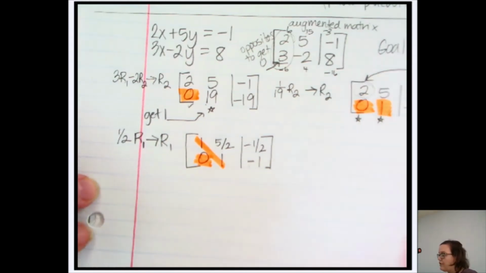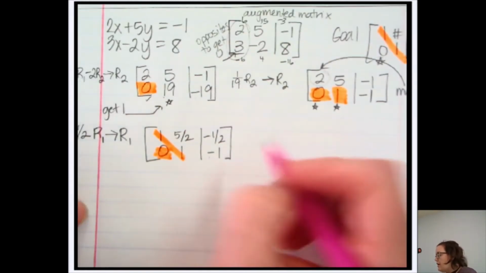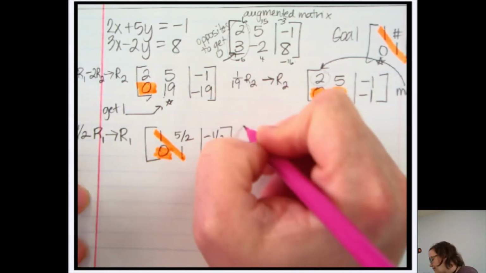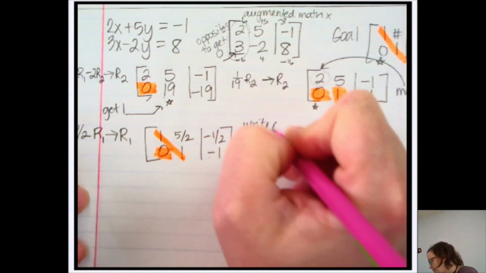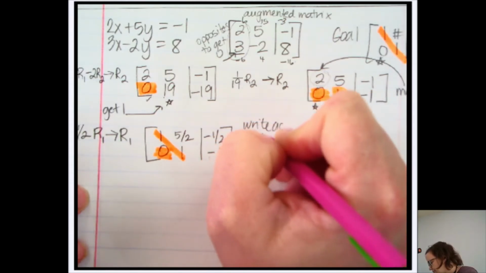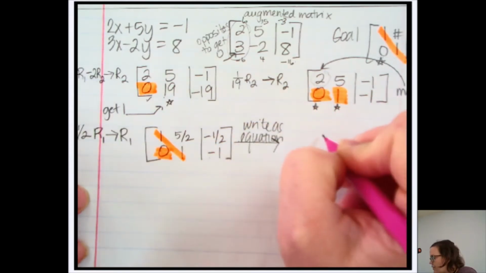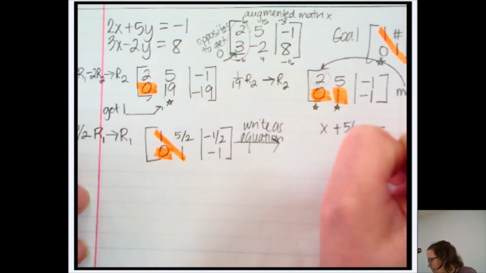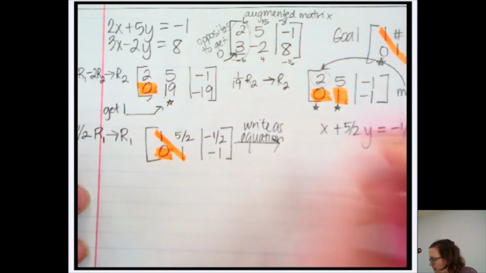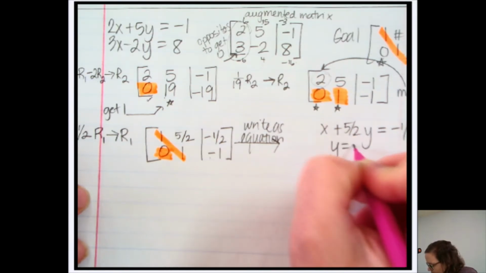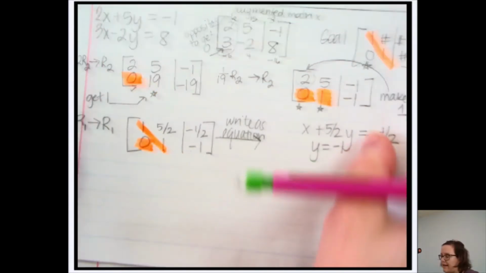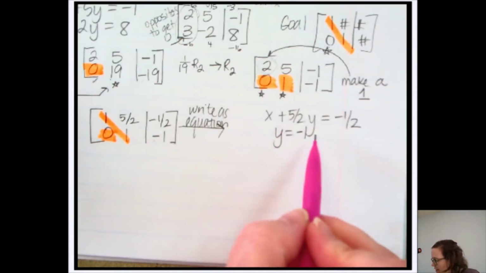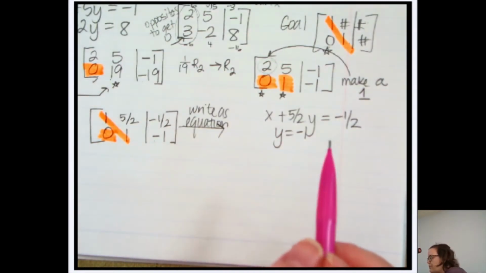Now, and I told you this would be long, right? Now we write it as an equation again. So we get x plus 5/2 y equals -1/2. And then we get y equals -1. So what good has that done us? Well, it tells us what y is. So now we're going to take y and substitute back in.